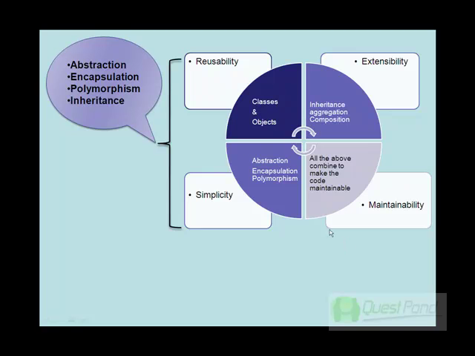As we discussed in our previous video, there are four different issues with functional programming. Now let's understand how object-oriented programming helps us resolve these four problems. Let's start with the first one, reusability. To address reusability, object-oriented programming has provided classes and objects.